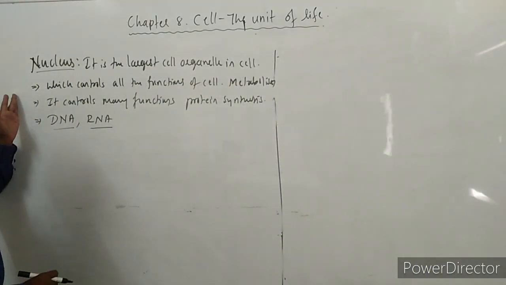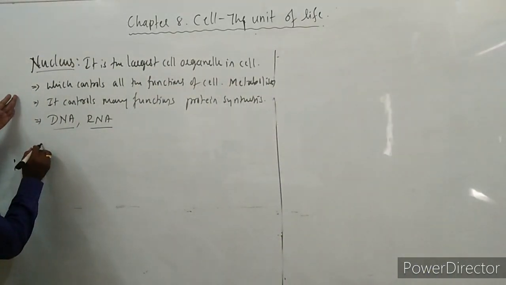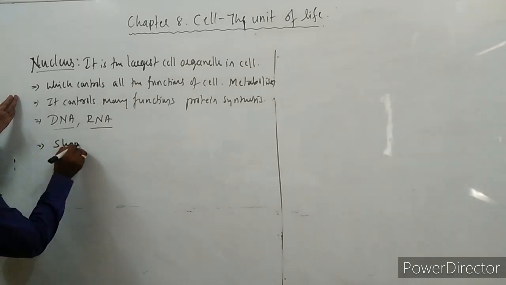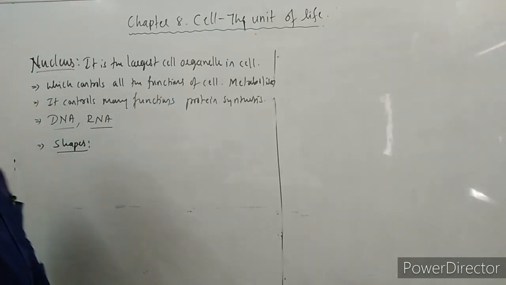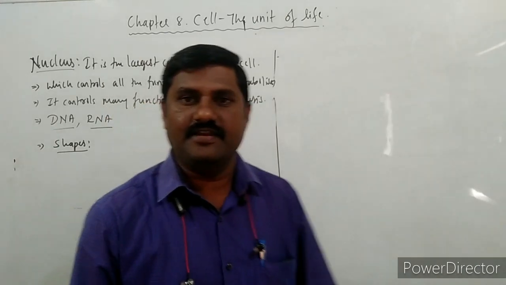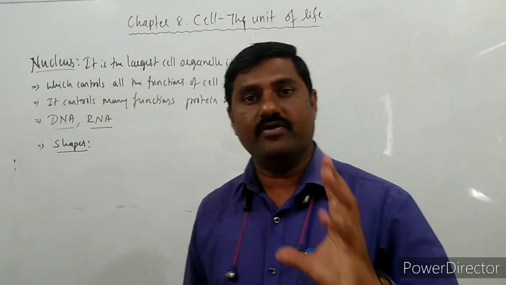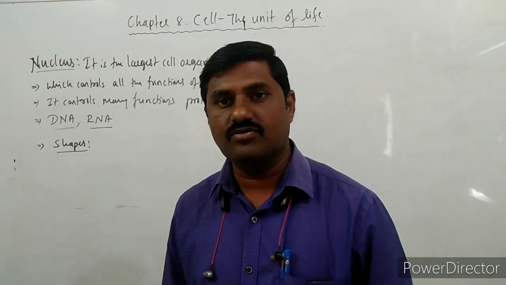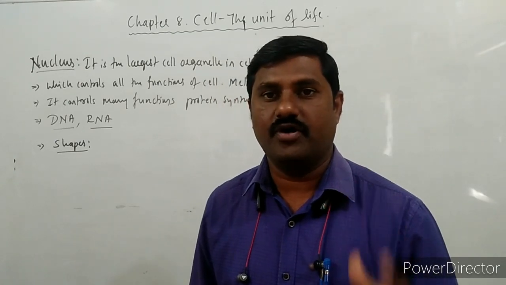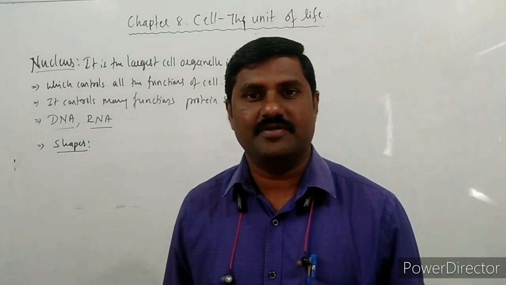Nucleus has different shapes. It may be oval, spherical, round shaped, discoid shaped, lens shaped, right?